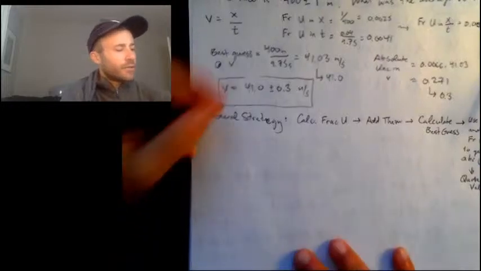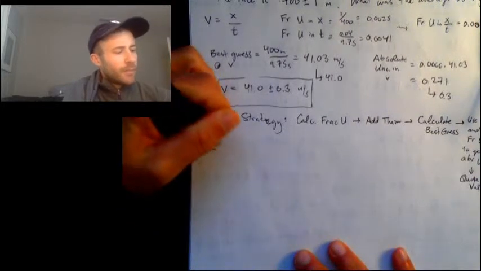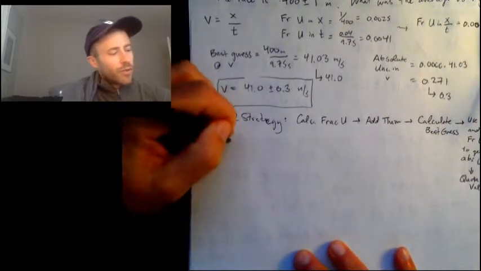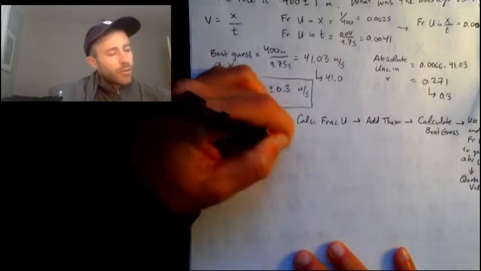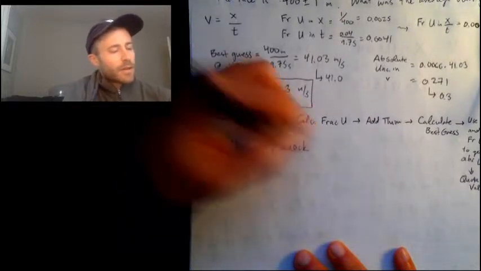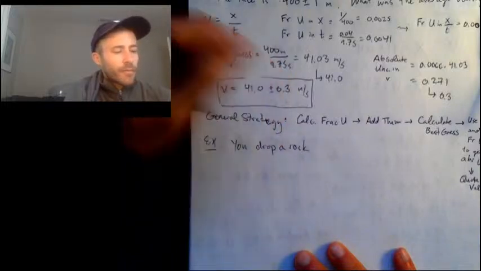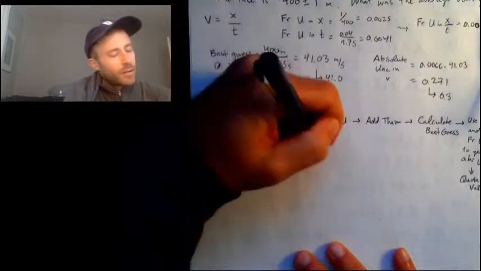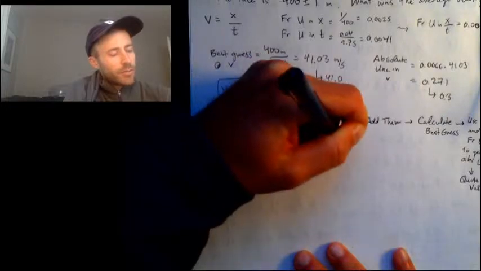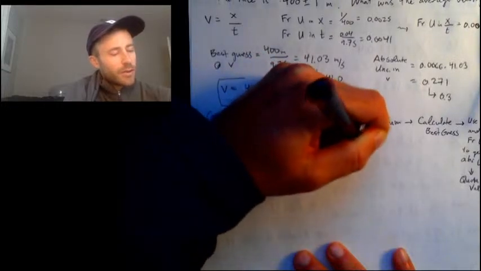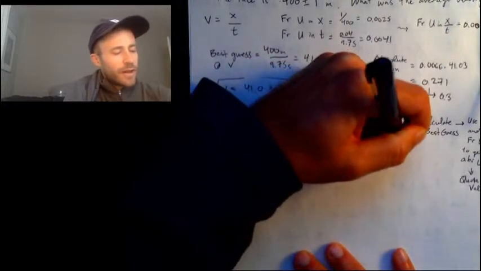Okay? So let's apply this again. You drop a rock, let's say 45.7 plus or minus 0.3 meters on an alien planet.